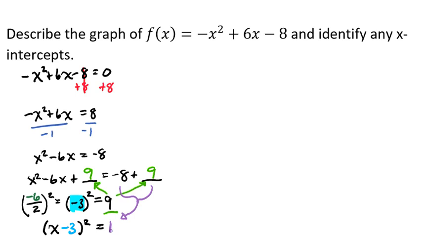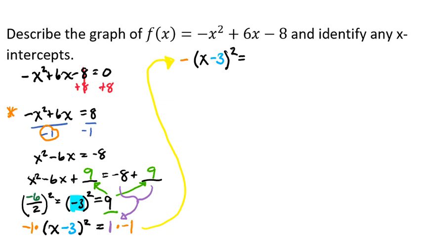And then we have to look back. Did we multiply or divide by any number in the very beginning? So we're going to look back to here, and we see that we divided by a negative 1. So we're going to multiply both sides by a negative 1. So now we have negative x minus 3 quantity squared equals a negative 1.